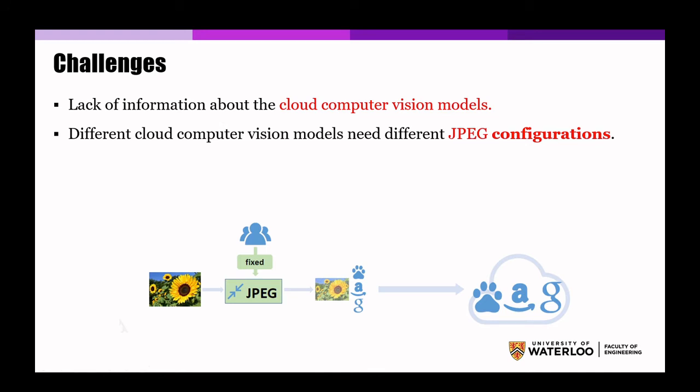The second challenge is that different cloud computer vision models need different JPEG configurations, where the target is to provide a solution that is adaptive to different cloud computer vision services by generating configurations for different models. The third challenge is the lack of well-labeled training sets.